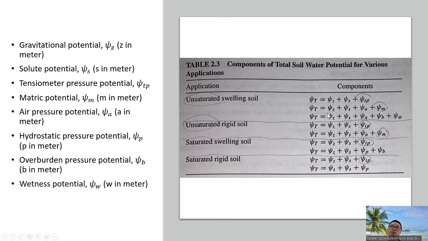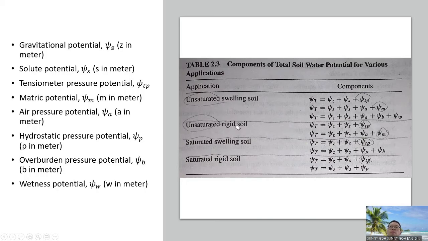For unsaturated soil, we have this matric suction, okay, matric potential, Wm. So we have matric potential for unsaturated soil, whether it's swelling or rigid. Swelling basically means the soil can expand in size, and rigid means the size remains the same whether it's wet or dry.